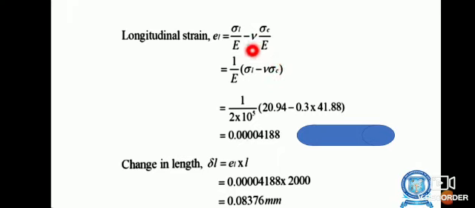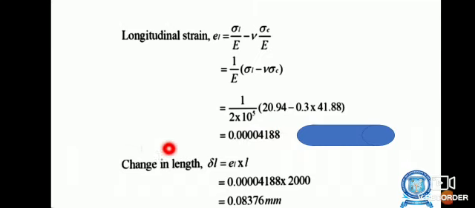We apply all the given values in this formula: 1 divided by 2 into 10 power 5 into bracket 20.94 minus 0.3 into 41.88. We calculate these values and got the answer of longitudinal strain, 0.00004188. That is the value of longitudinal strain.